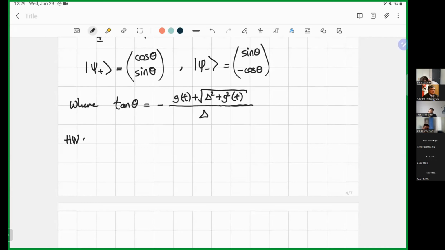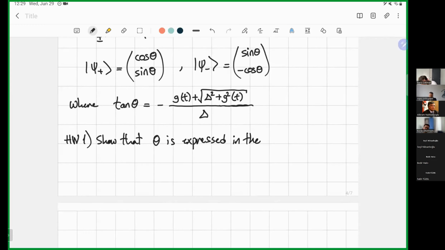So maybe the first homework would be this. Homework 1: show that θ can be expressed in the way given above. One hint here is the following: when you find the eigenvectors, don't forget to normalize them.